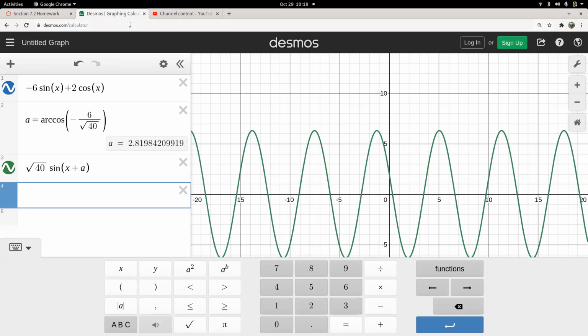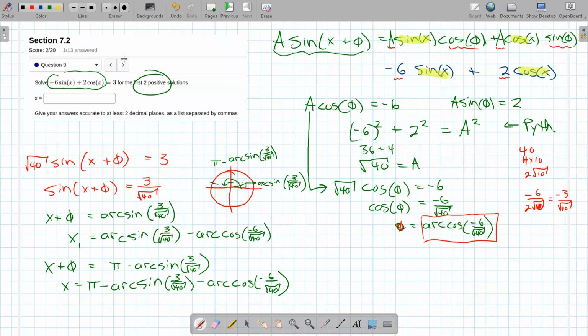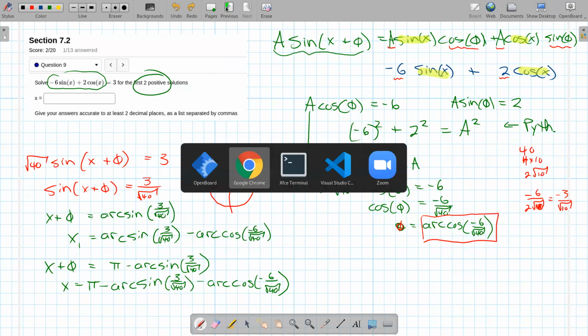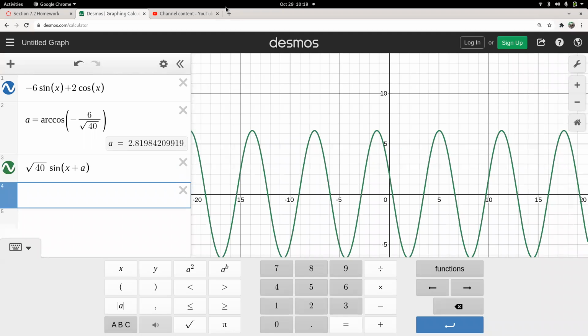So the first one I thought was the arc sine minus that value for the arc cosine. Okay, let's see what we got there. And I think that's actually going to put us into a negative number.